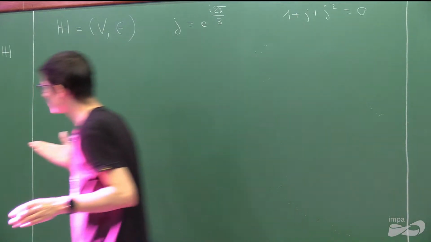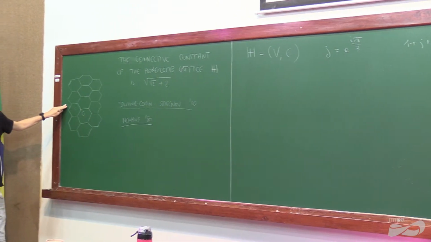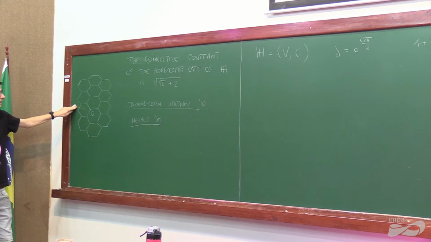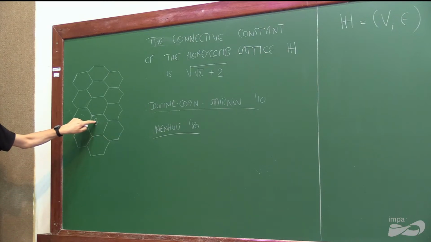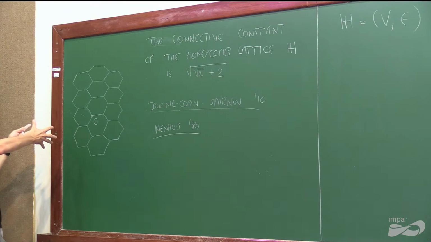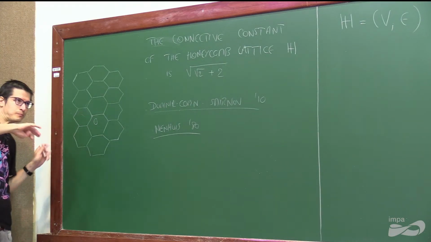And now the honeycomb lattice, it's just this picture, where the origin is just 0 of the complex plane. And the edges, they are of length 1.